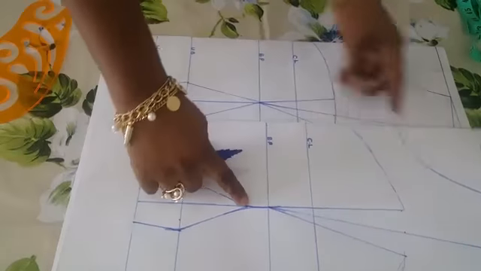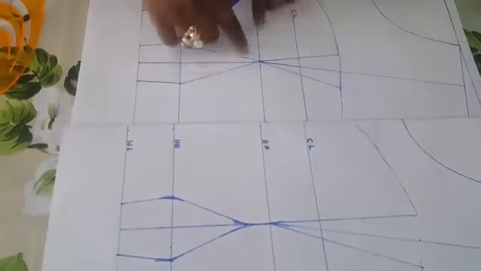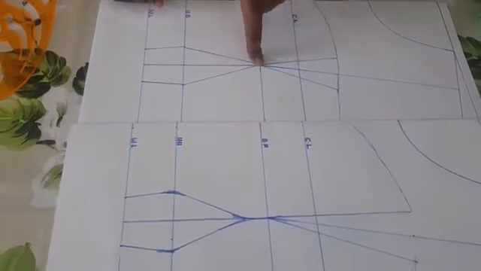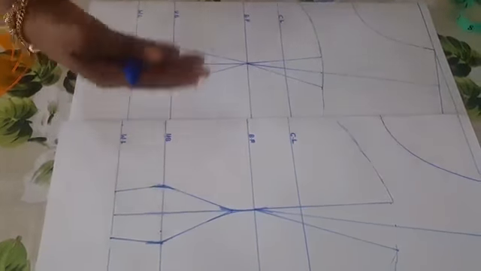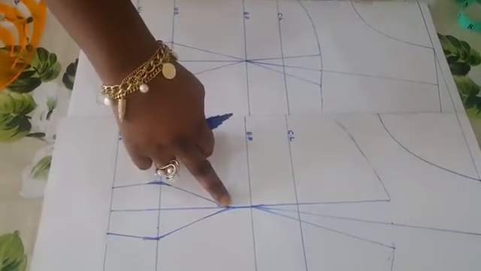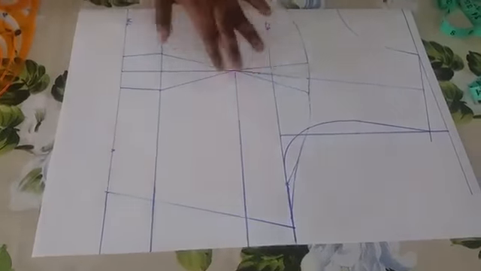If you come down by 1 inch, it will be like this. Can you see? Here I came down by 1 inch, while here I didn't. I just mark it straight down to the bust point. It is optional, but I advise you to come down by 1 inch to ease the area around the bust. So back to drafting.